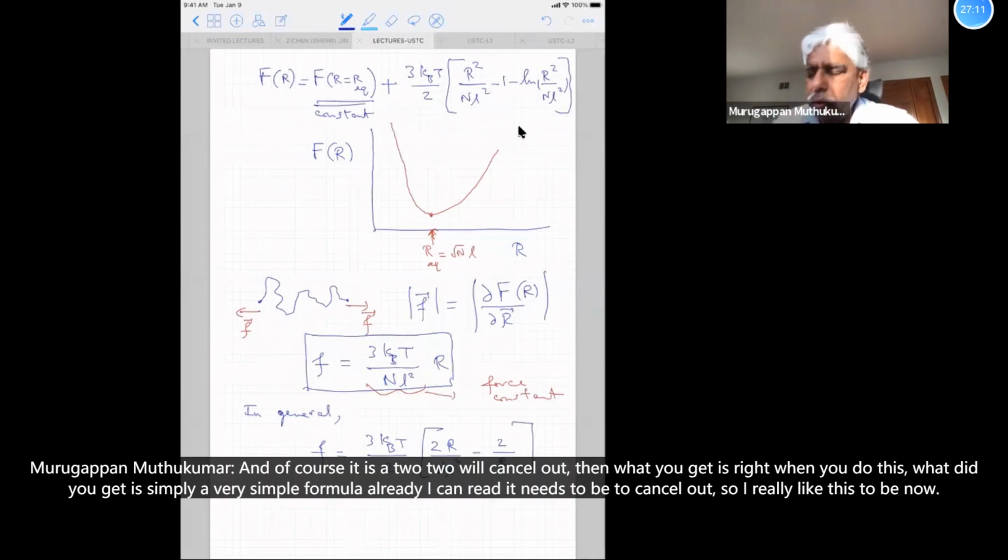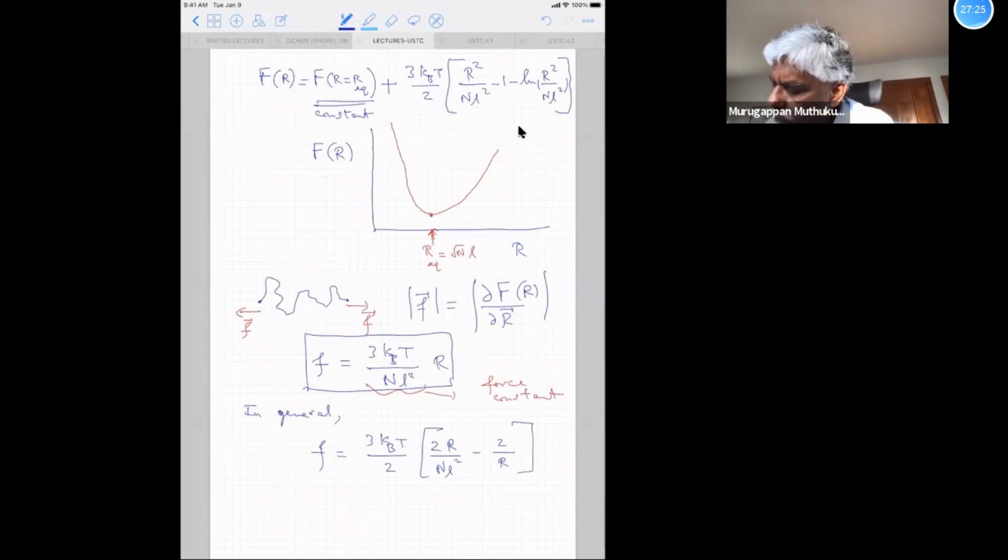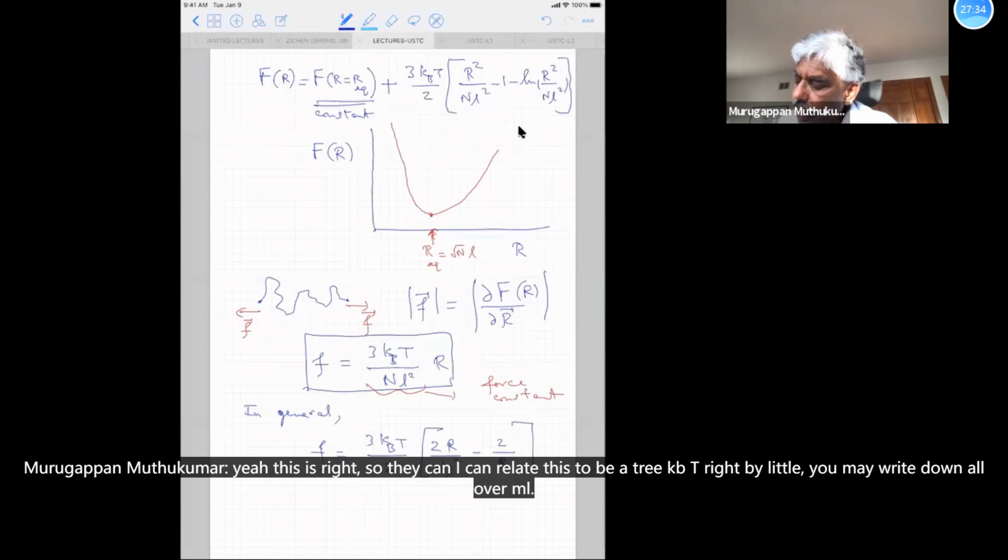Okay, and of course, the 2 will cancel out. Then what you get is simply a very simple formula. I can rewrite this to be 3 kBT by little l.